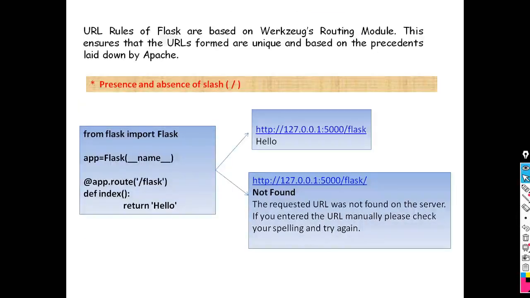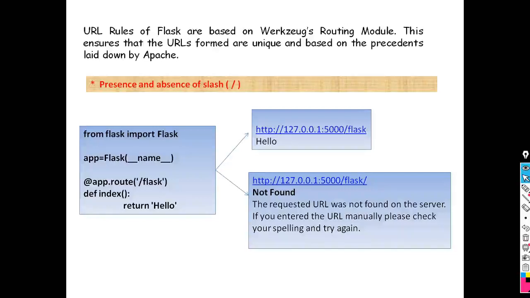So in the last slide we have seen how a dynamic URL is passed to the web application. There are some rules to decide the URL. These rules are based on Werkzeug's routing model. We have seen in the last video that Flask has two types of components: first Werkzeug and second the Jinja template.